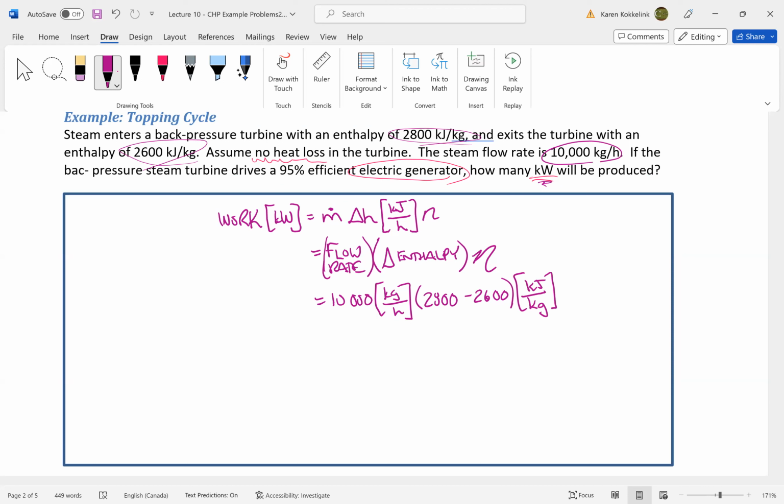And we would multiply that by our efficiency, which is 0.95, a unitless measure. But again, we want kilojoules per hour, right? Because a kilowatt is a kilojoule per second.